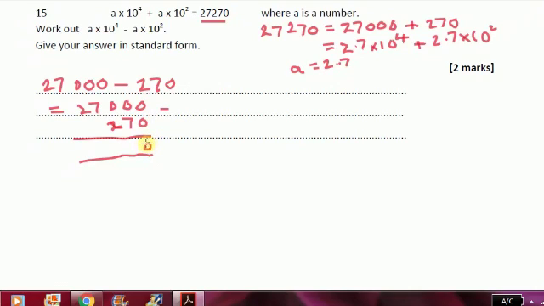So 0 minus 0 is 0, 7 from 0 is 3, remainder 1, 3 from 10 is 7, remainder 1, 1 from 7 is 6, so it's 26,730, is our value that was asked for.